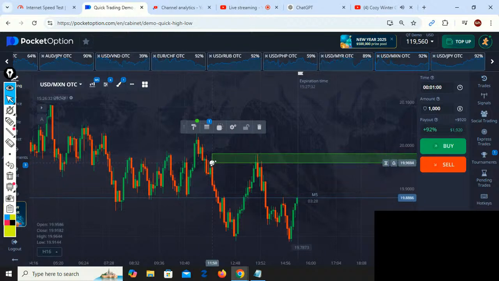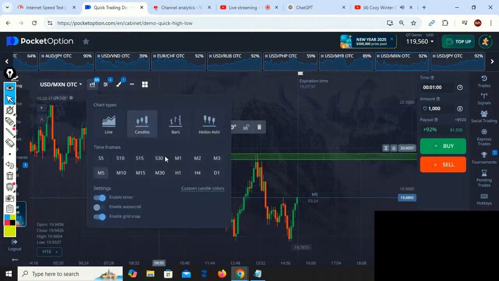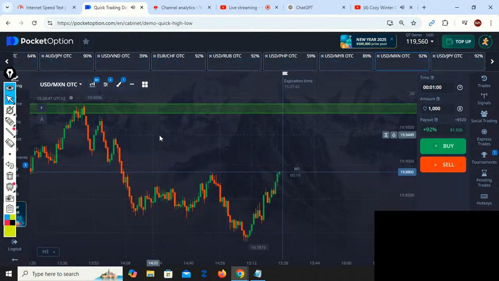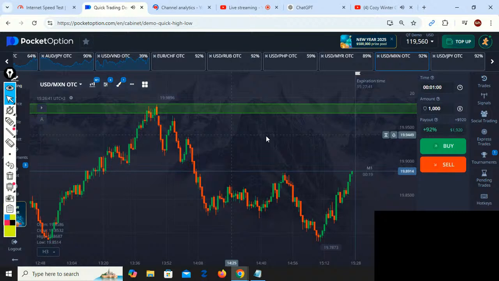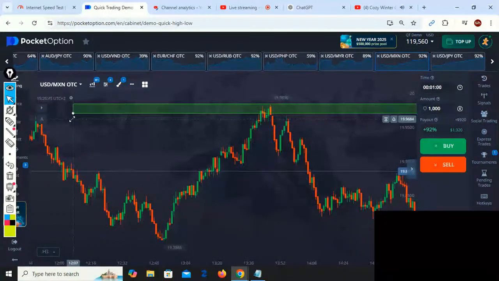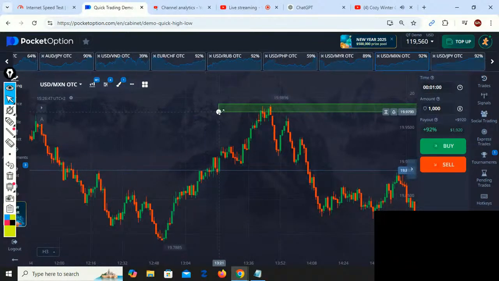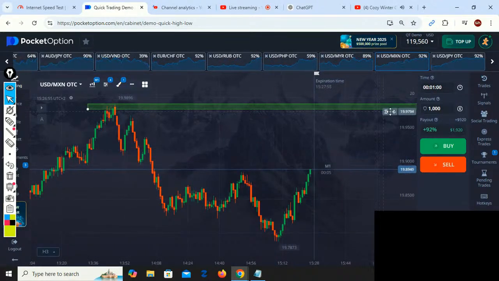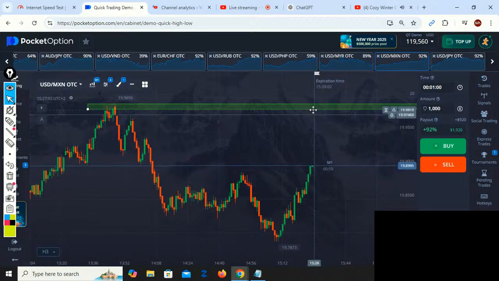Okay, so we marked our zone. We go to the 1 minute to refine it. We need a fresh supply point, which is just over here. You set your alarm over here and you wait for the price to pull back up to the zone.